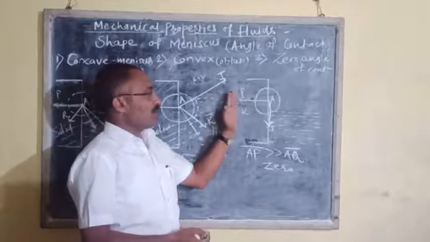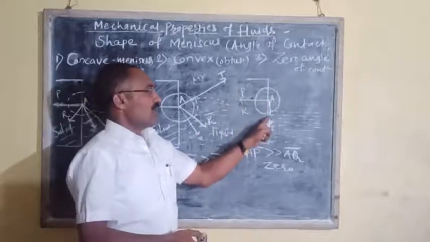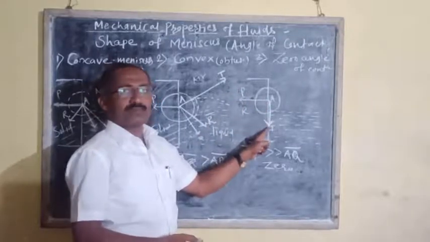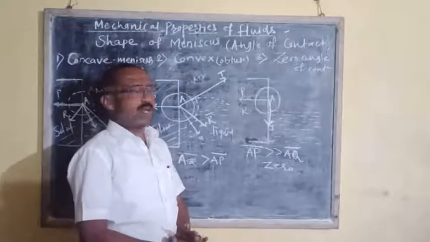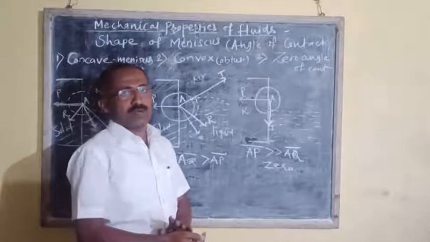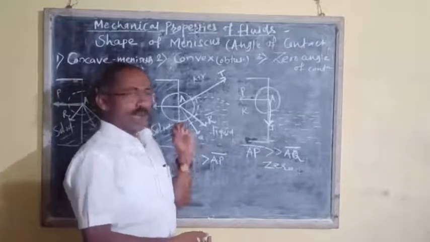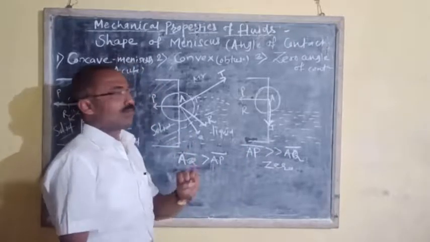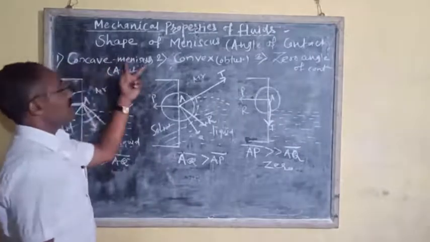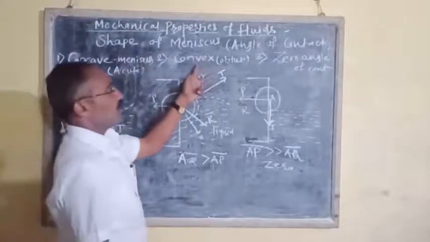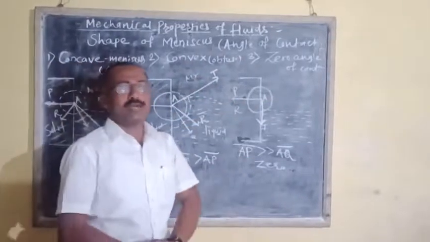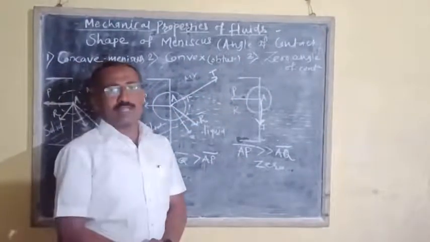Therefore, in order to be perpendicular to this, the tangent will lie along the surface of the solid and the angle of contact becomes 0. And this is the molecular theory of angle of contact, the concave meniscus, convex meniscus, acute angle of contact, obtuse angle of contact and 0 angle of contact, and the explanation of all these.